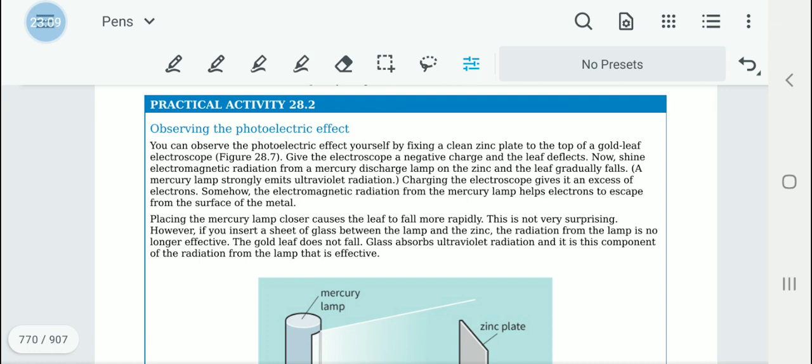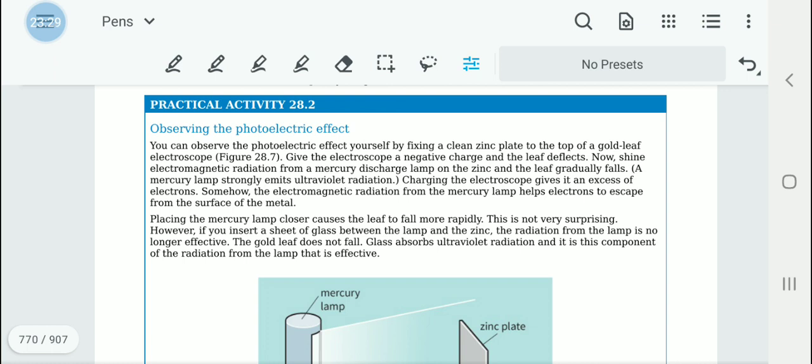When the electroscope is given a negative charge, the leaf will get deflected.